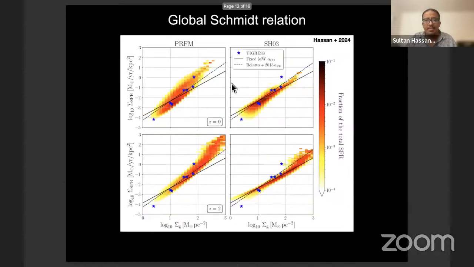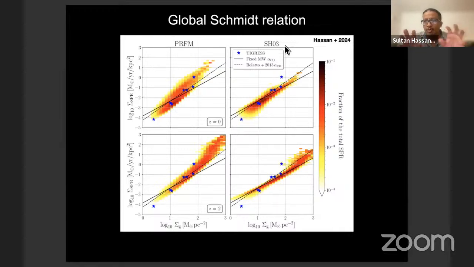Then we look at the level of the global Schmidt relation, and this is the same, right? So on the left-hand side, this is the surface density of star formation on the y-axis, the surface density of gas on the x-axis, and left is the prediction from our model BRFM, and the Springel and Hernquist is on the right-hand side.